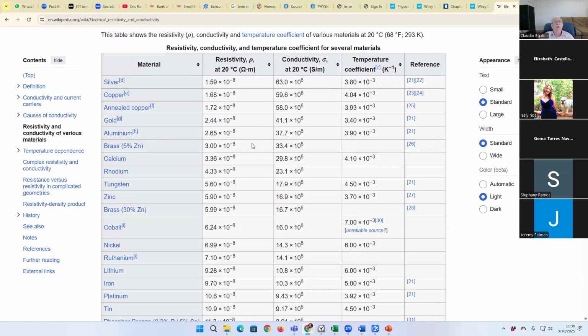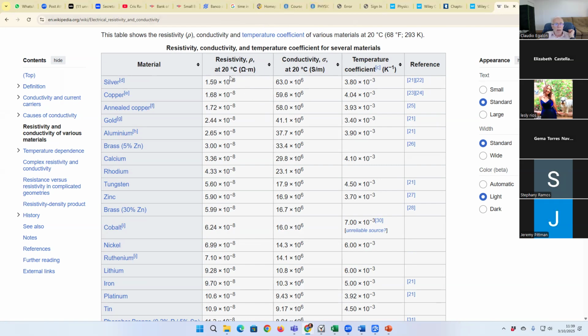Remember that I told you copper is a very good conductor? You should expect that its conductivity would be very high compared to the other ones. If the conductivity is higher, it means that its resistivity is going to be among the lowest. And the unit of resistivity is ohm times meter.